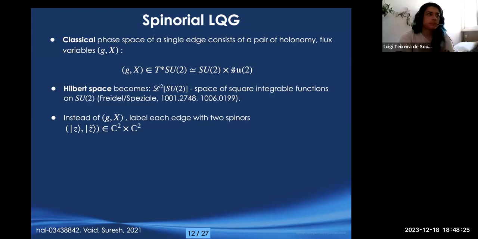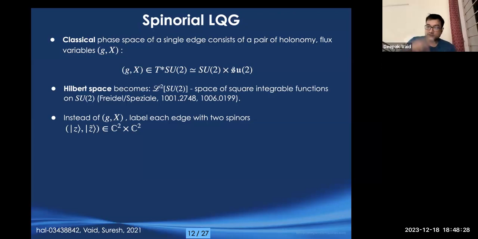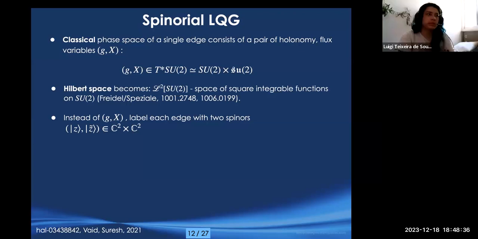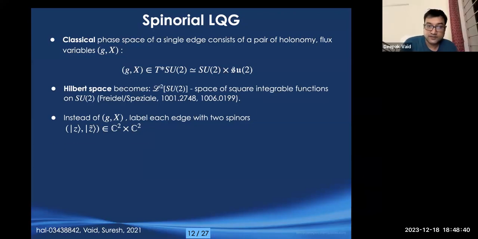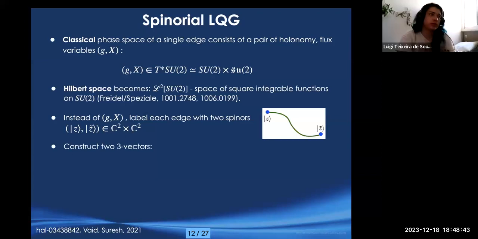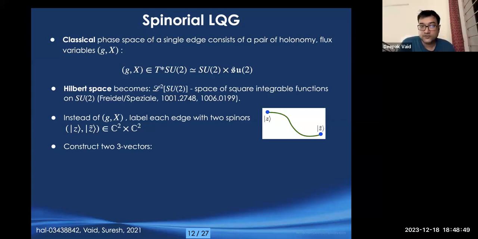It seems like a rather convoluted progression, but at each step one can show that the physics in the previous step is encoded in what comes next. You have the same degrees of freedom. SU2 has 3 degrees of freedom, and each spinor has basically 3 degrees of freedom.